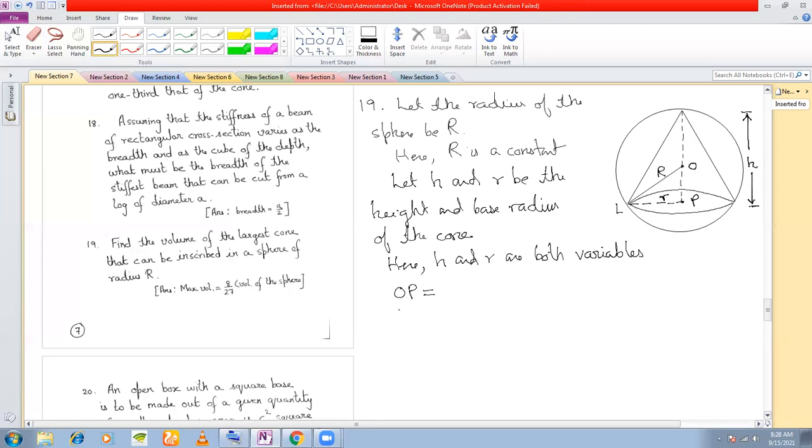What is the length OP? If you see this is R, then this is also R, therefore OP must be equal to capital H minus R. You agree? Small h minus R. You agree? Yes.